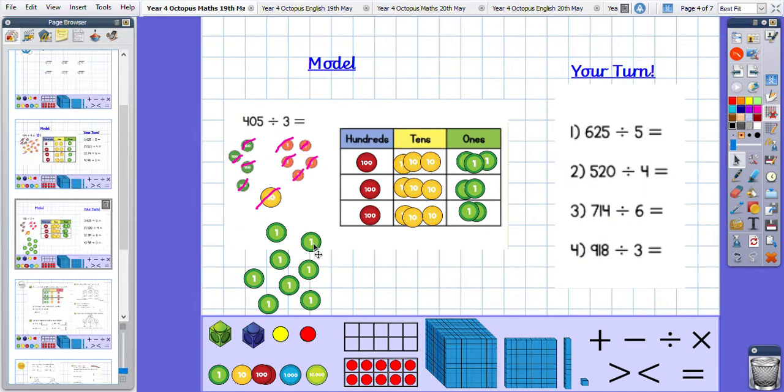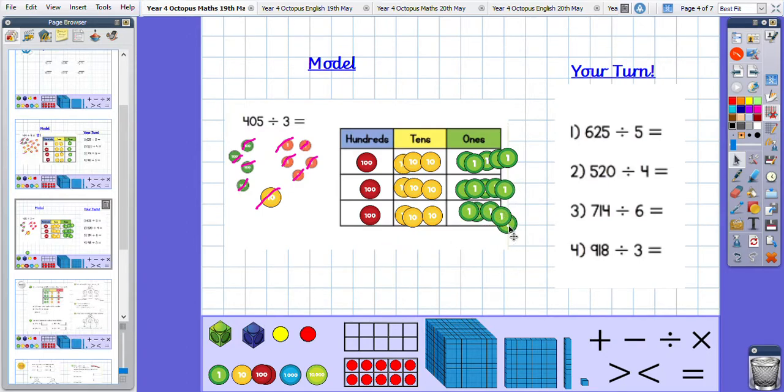So far there's 2 in each group. Now there's 3 and 4. I'm running out of room. And I can keep going, and I can see that my number fits perfectly into equal groups. So finally, 405 divided by 3 is 135.